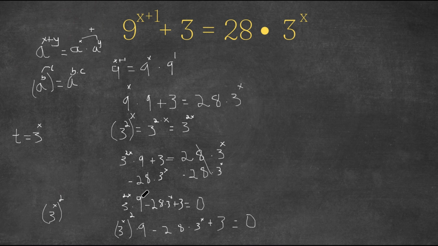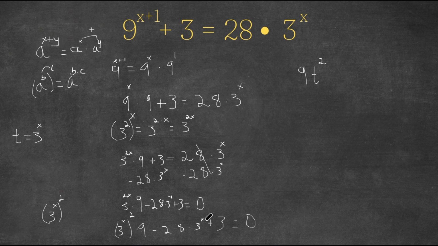So now what we're going to do is replace all our 3 to the power of x's with t's. Our first thing is 3 to the power of x squared. That's going to be t squared. And we have a 9 here, so this is going to be 9t squared. And then we have minus 28 times 3 to the power of x.